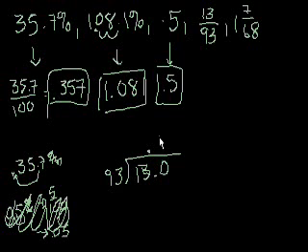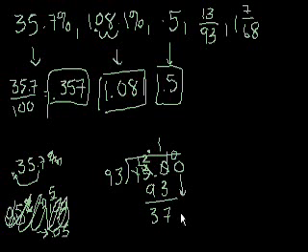Well, it goes into it 1 time. 1 times 93 is 93. It becomes a 10. That becomes a 2. And later we're going to borrow, so we get 37. Bring down a 0. So 93 goes into 370. 4 times 93 would be 372, so it actually goes into it only 3 times.